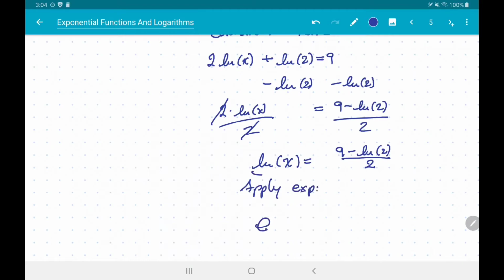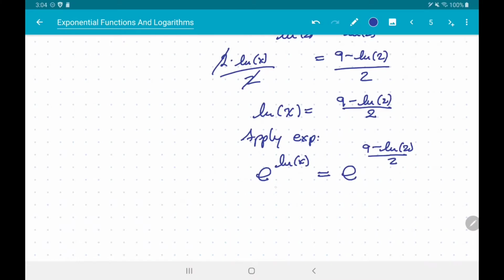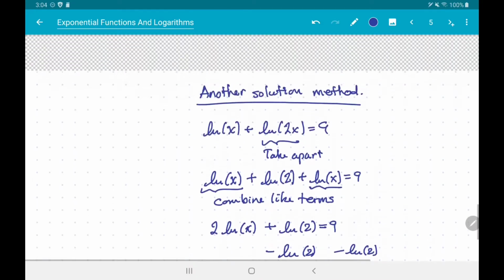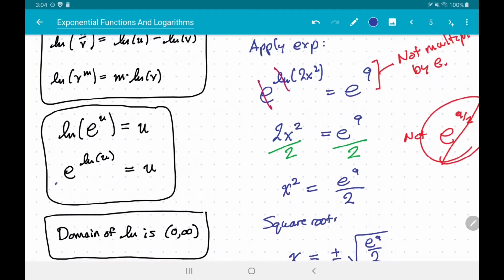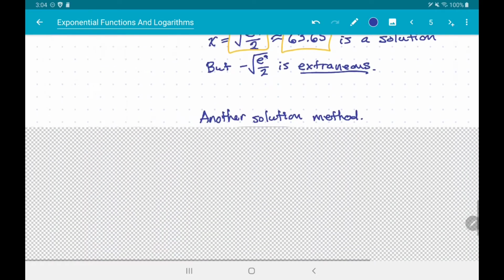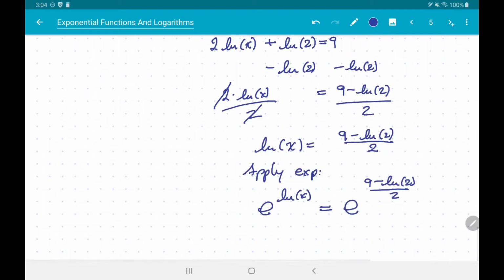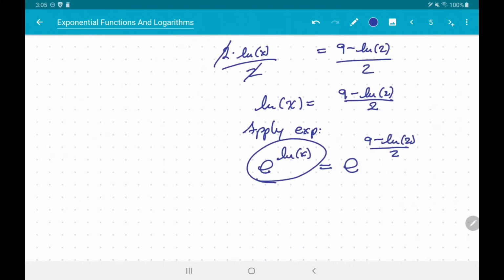So e to the left, ln of x, should be equal to e to the right, 9 minus ln of 2 divided by 2. And the point of doing that is that, as you should recall, e to the ln of a number simplifies to just that number. So e to the ln of x simplifies into plain old x.